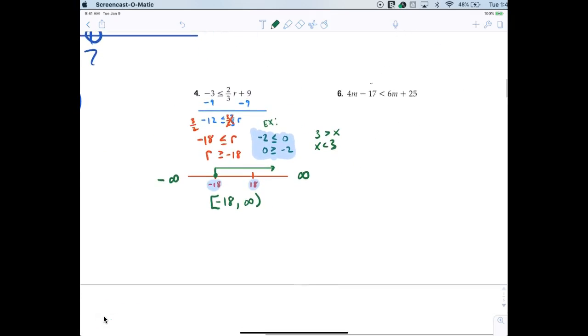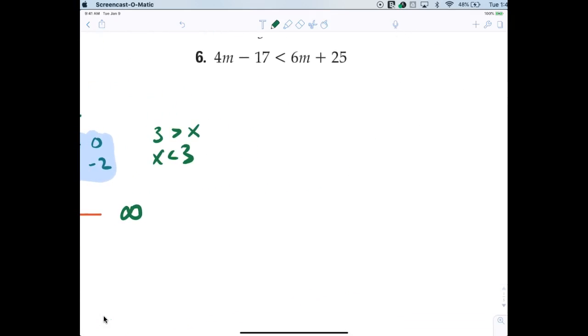All right. So here we go. Let's take a look now at number 6 and see how we're doing. Now again, I do think it's important to keep the variable positive. So I think everybody here should be able to tell me we're just going to do what? Subtract 4m, minus 25, minus 25. And I'm left with negative 42 is less than 2m. Now what do I need to do?